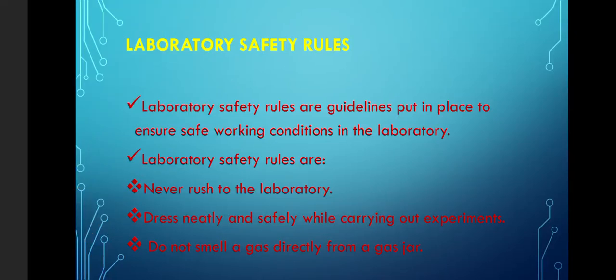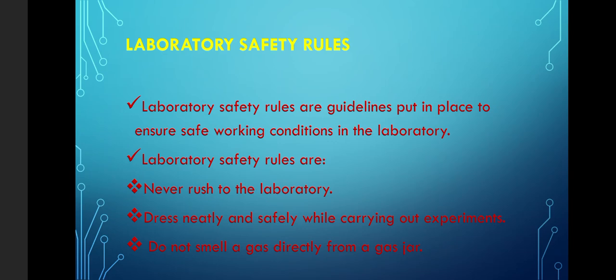How do you ensure that you do not find yourself in danger by exposing yourself to any of these accidents that we have just listed above? When you are operating in the lab, we normally have some safety rules that have been laid there.